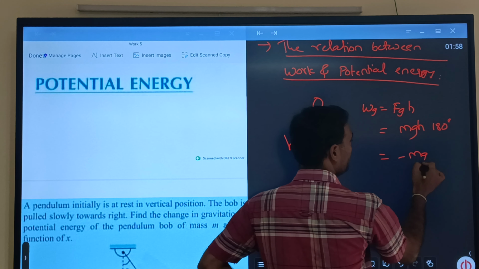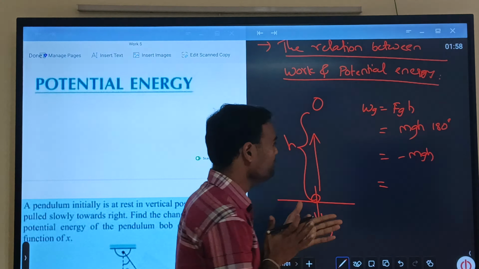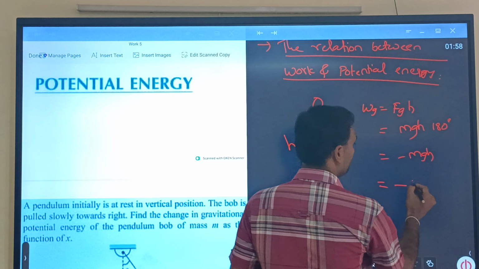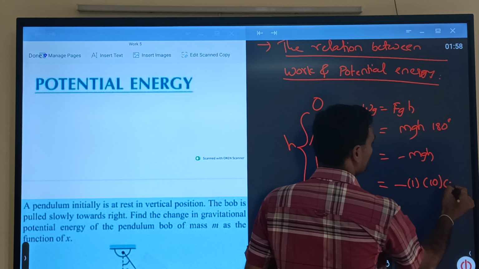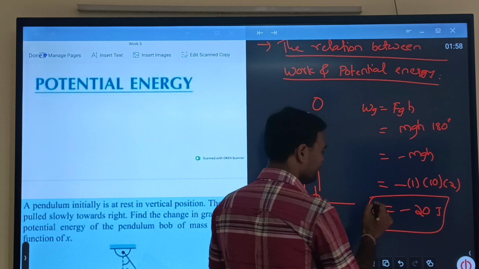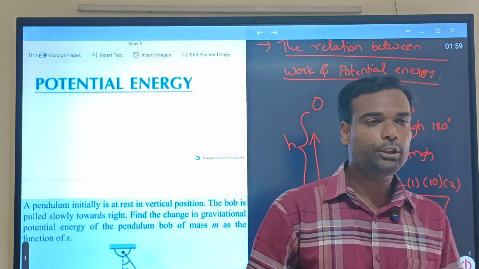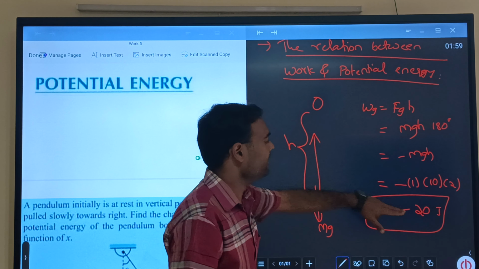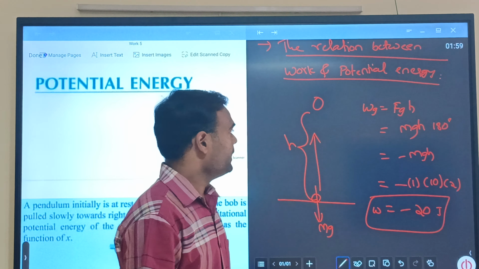So it is minus mgh, and let us assume m is 1 kg, g is 10, h is 2, which equals minus 20 joules. The work done for the object to move from here to here is minus 20 joules.